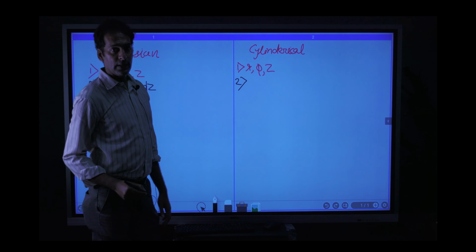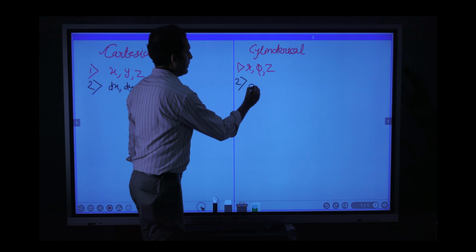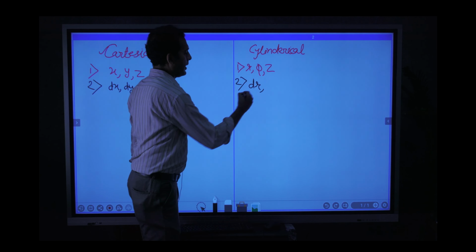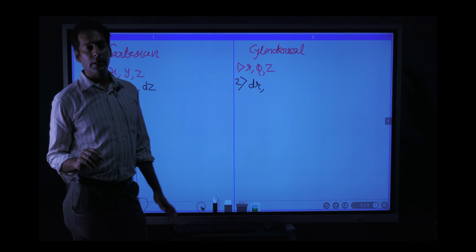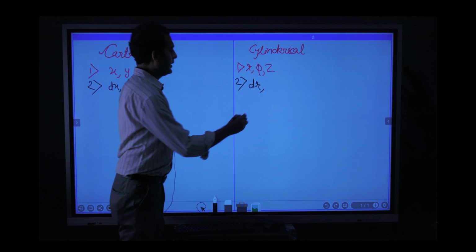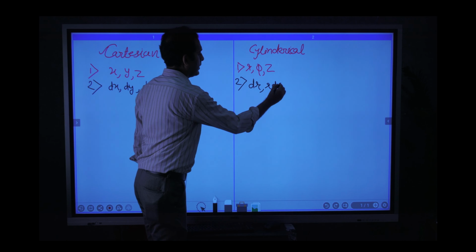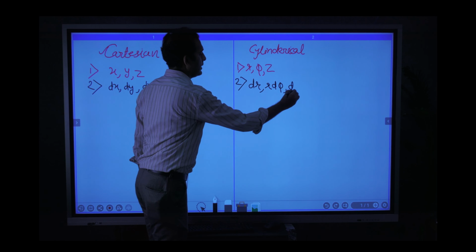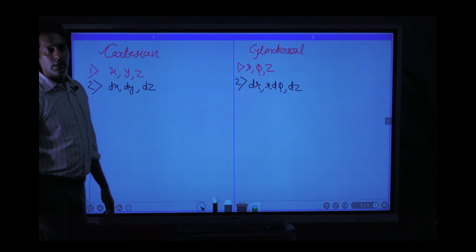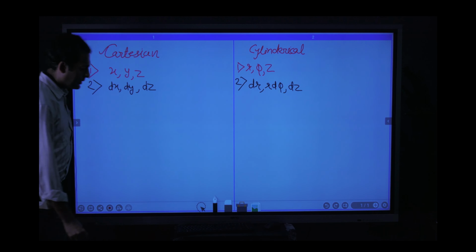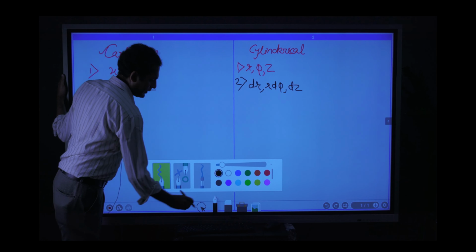Similarly, for the cylindrical coordinate system, for r, we have dr. For phi, we have to remember, it is not simply d phi, but it is r d phi, and the third one is dz. These differential elements are very important to remember.